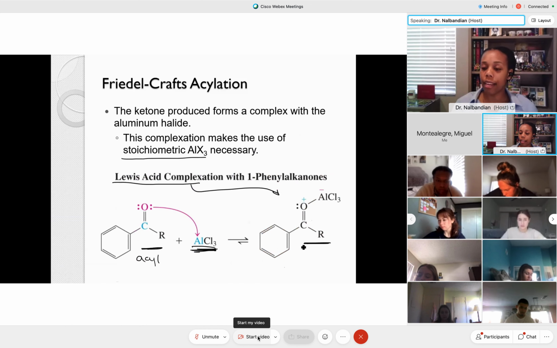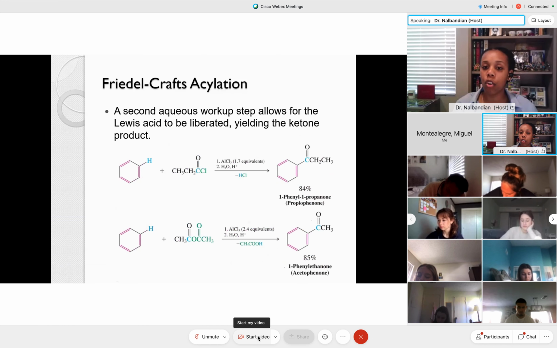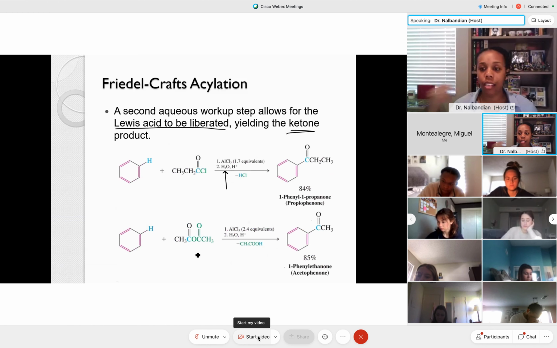So that complex would get removed in the aqueous workup step. The aqueous workup step will remove that complex, allowing us to go back to form our product. So that's why we have our aqueous workup step, because that is going to remove that Lewis acid so we can get our ketone, or aldehyde if it's a formylation product.